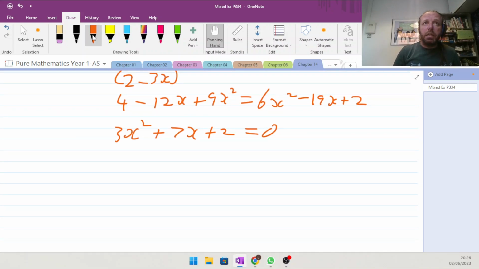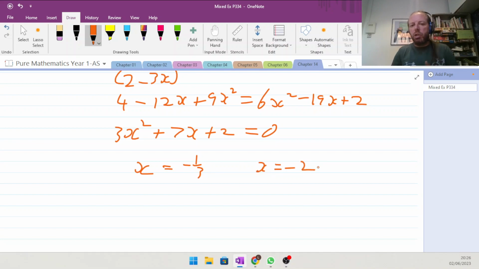That solves to x equals minus a third and x equals minus 2, which thankfully is what matches up with the back of the book and gives us the final answer. Okay, not sure how I made that mistake, obviously just missed the wrong thing. Anyway, that's the end of book 1.